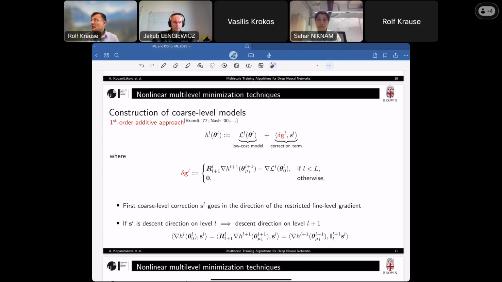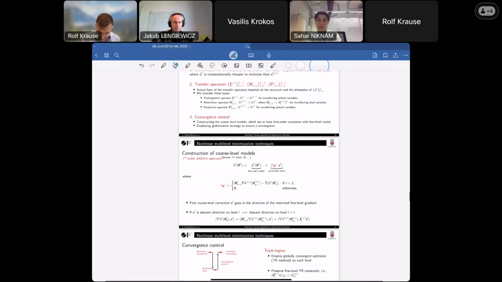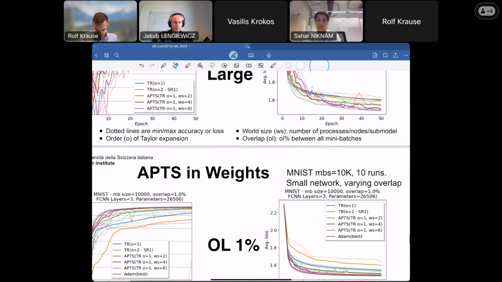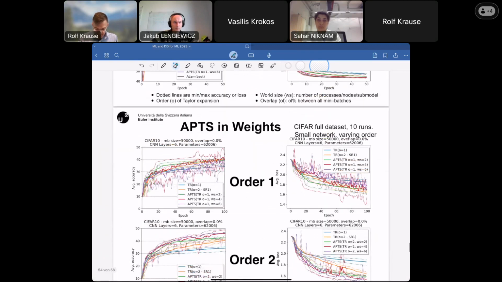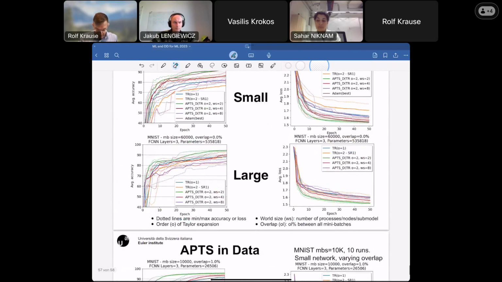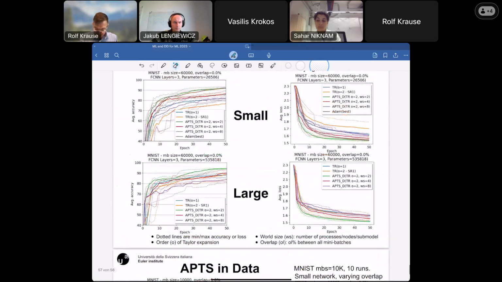This you can also do, but if you split just on the data level, I believe it doesn't work so well. This is APTS in weights, and we did APTS in data. If you split on the data level, it doesn't work as well as splitting on the weight level.